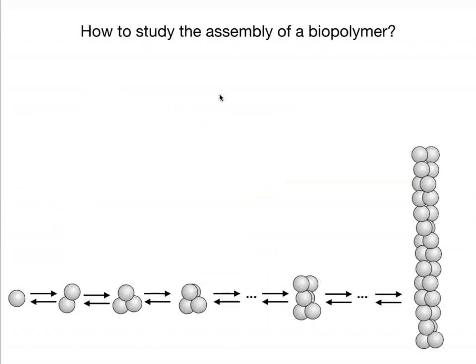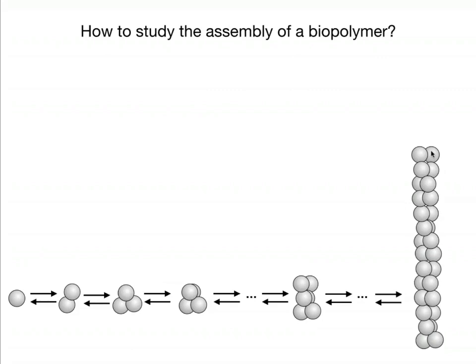Actin is a fairly well-studied protein. The first studies have been around in the 1960s, and that also makes it a nice candidate for explaining what the actual experimental difficulties are if you want to study the assembly of a biopolymer. Actin itself is a fairly globular protein, as you can see here, which polymerizes into these double-stranded helical filaments.